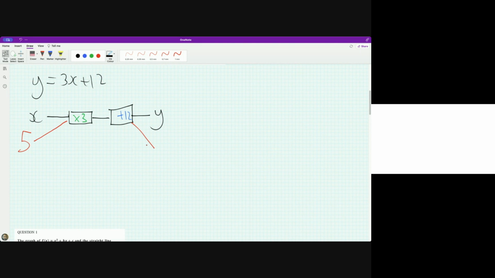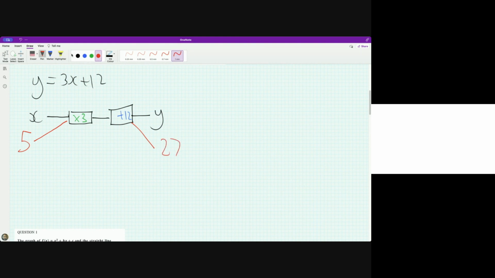I see someone else joined us, so welcome to Tamir. Tamir, we are just doing a preview of a grade 12 section in functions, called inverse functions. We're remembering how flow diagrams worked back in grade 9 and grade 10, where we describe rules and relationships. So 5 times 3 is 15, plus 12, we get 27.